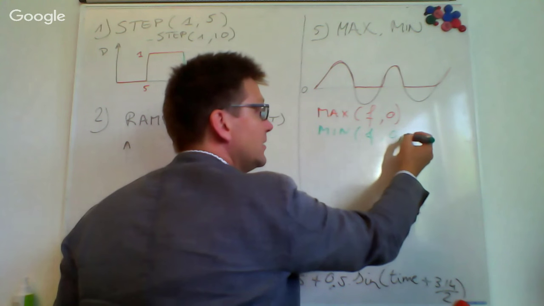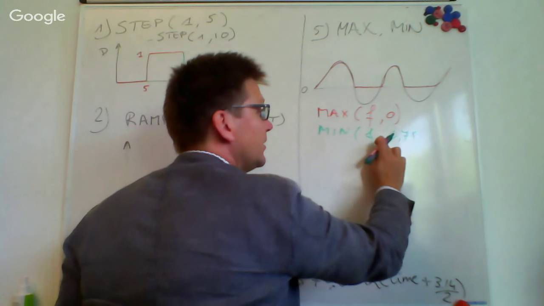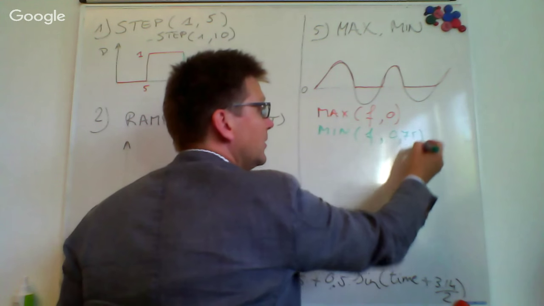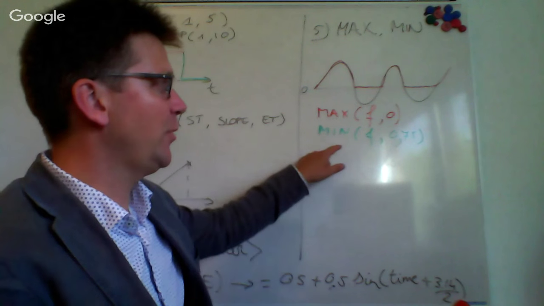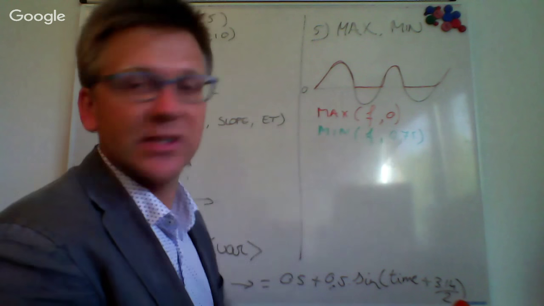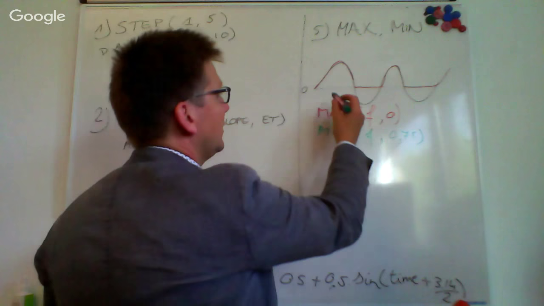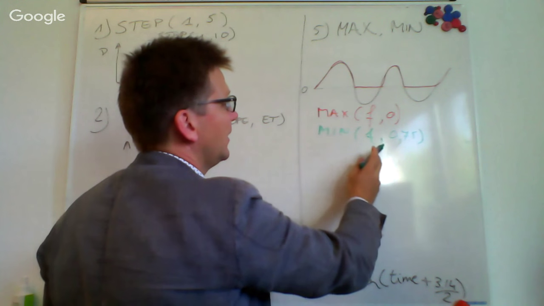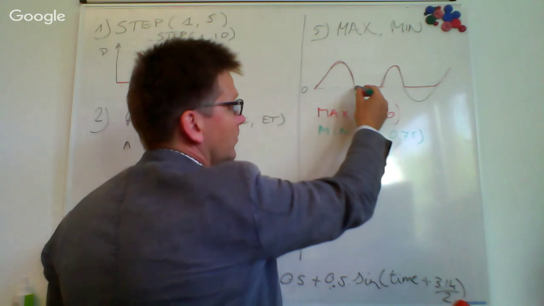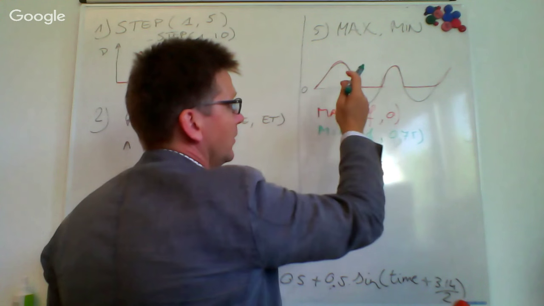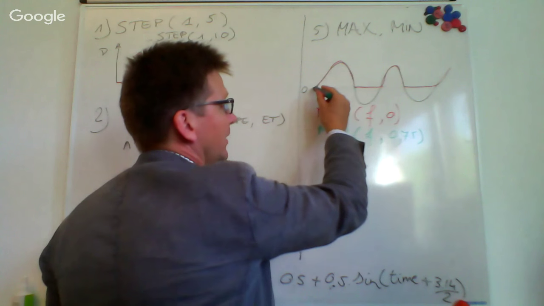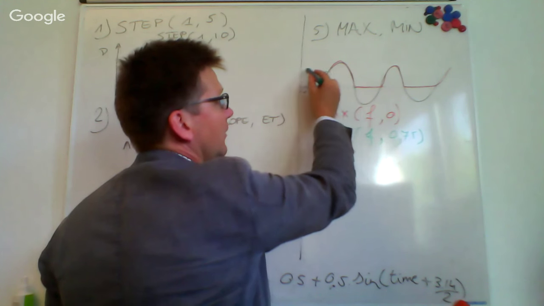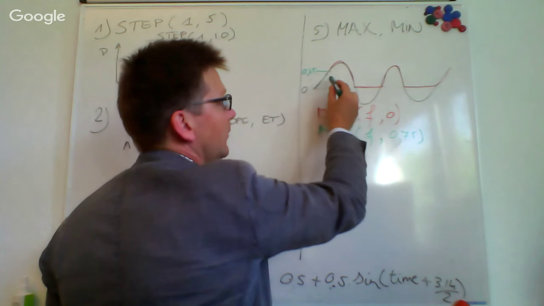For instance, if I'm taking the minimum of this function, or 0.75, then I'm going to take the minimum of these values, and here we have the value 0.75.